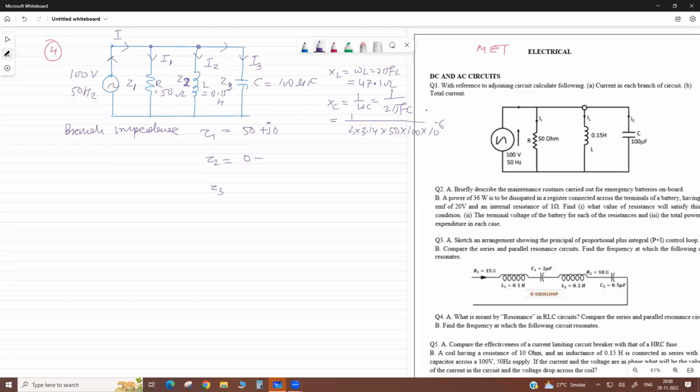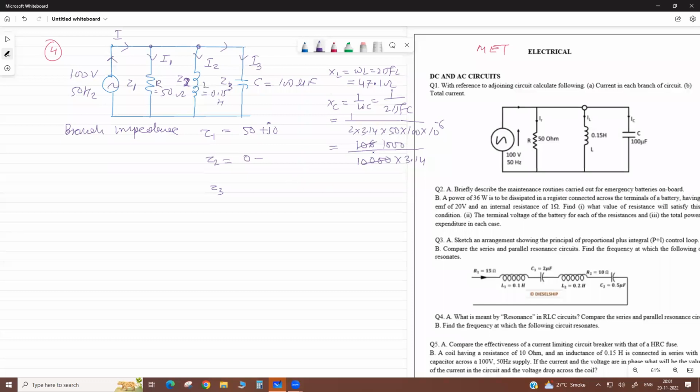When this 6 comes up, it is 10 raised to power 6 divided by this. It comes 5, 10, even 100 also. Into 3.14, so this 3 cancels, so it comes only 1000. So 10 raised to power 3.